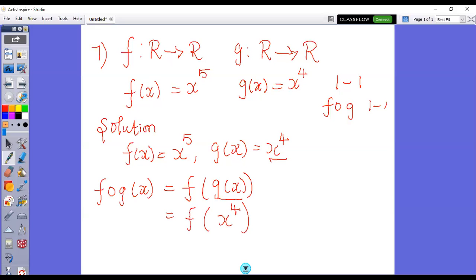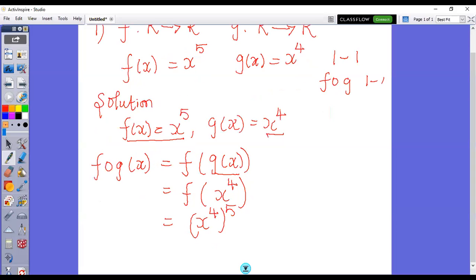Next, f of x is x power 5, so substitute x value as x power 4 and write x power 5. Then multiply the powers. Already known in exponent form, x power m into x power n equal to x power mn. So x power 5 into 4 is 20.